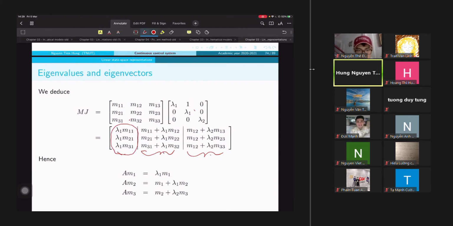So we see that if A is multiplied by M1 only, taking the first one, then we get the first vector V1, corresponding to the vector V1 of M1.